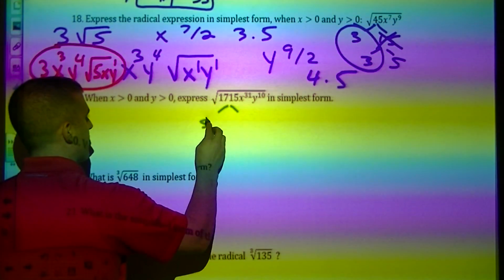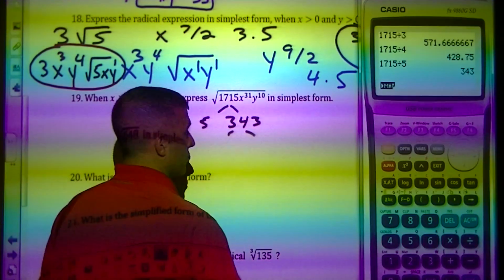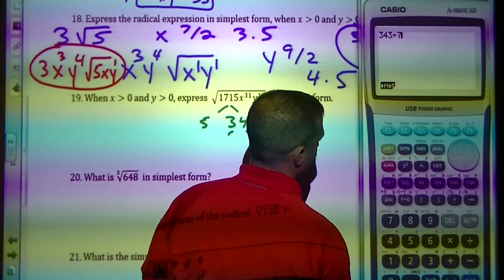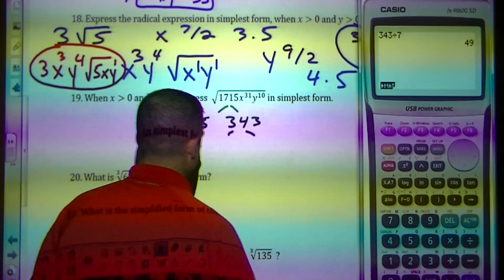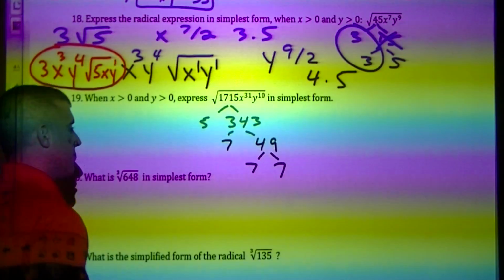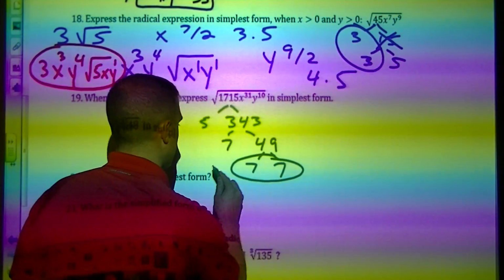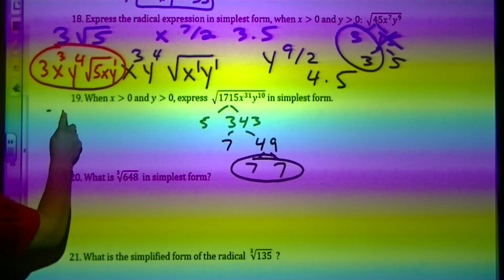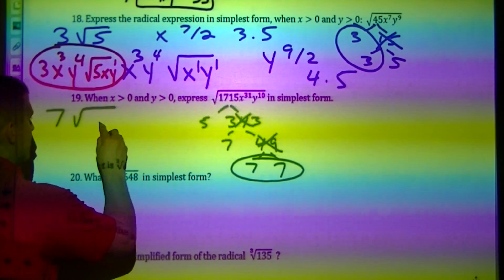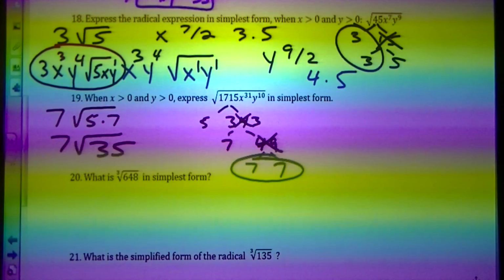Let's see if 343 reduces. I believe 7 is going to be the one, yep. 7 and 49, 7 and 7. Since it's a square root, I'm looking for pairs. So one of those goes on the outside, and the remaining ones go on the inside. So I got 7 square root of 35.